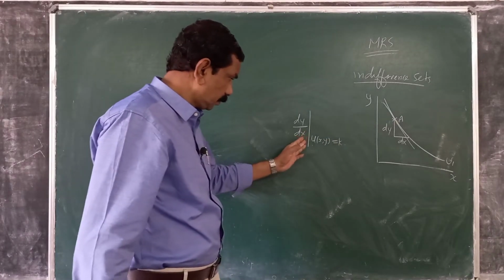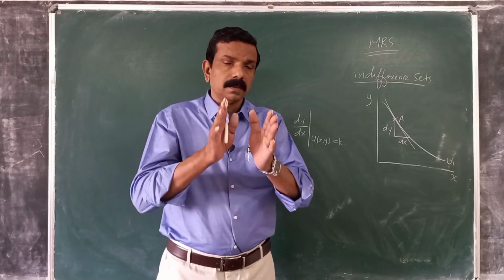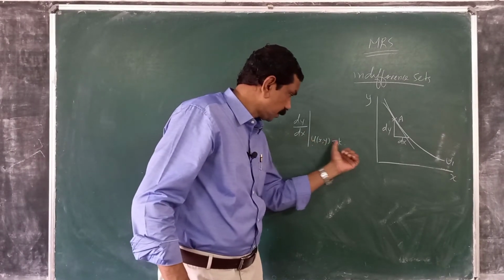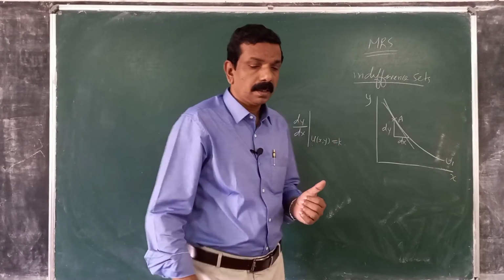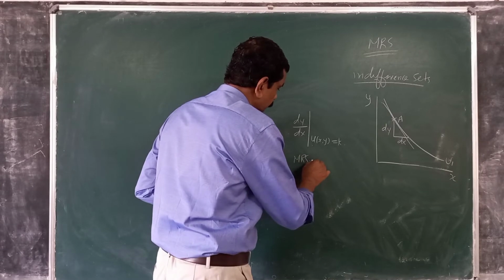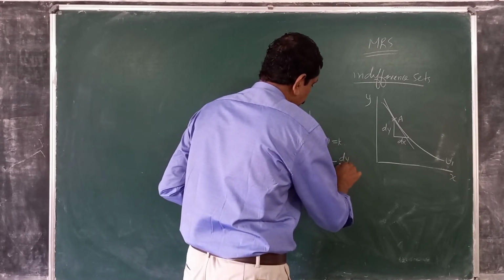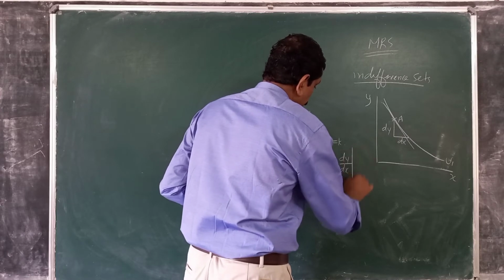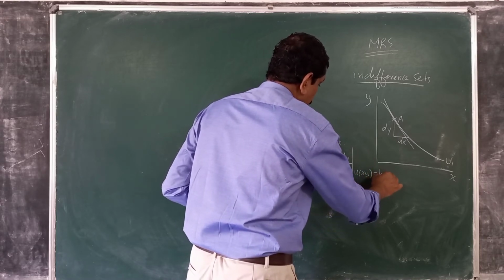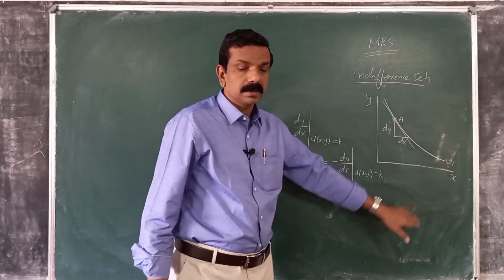That is the utility represented by a particular indifference curve. U(x,y) is equal to a constant, and MRS xy is equal to negative of dy by dx, where U(x,y) is a constant k.